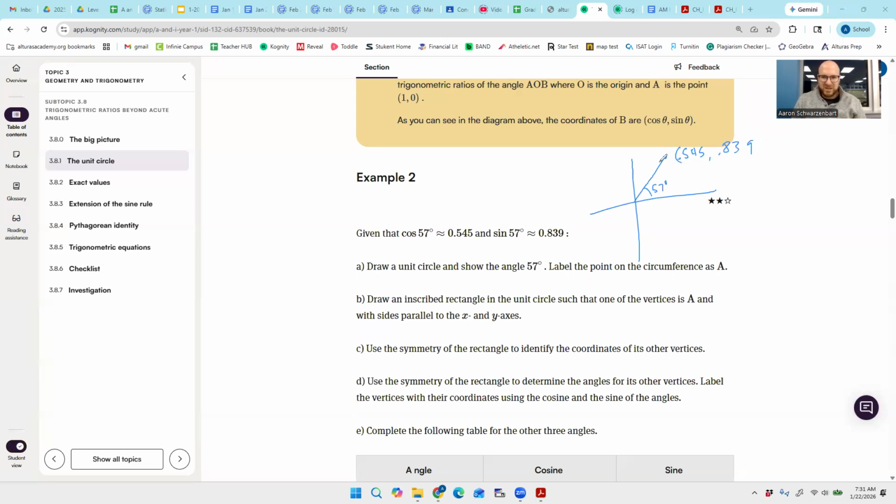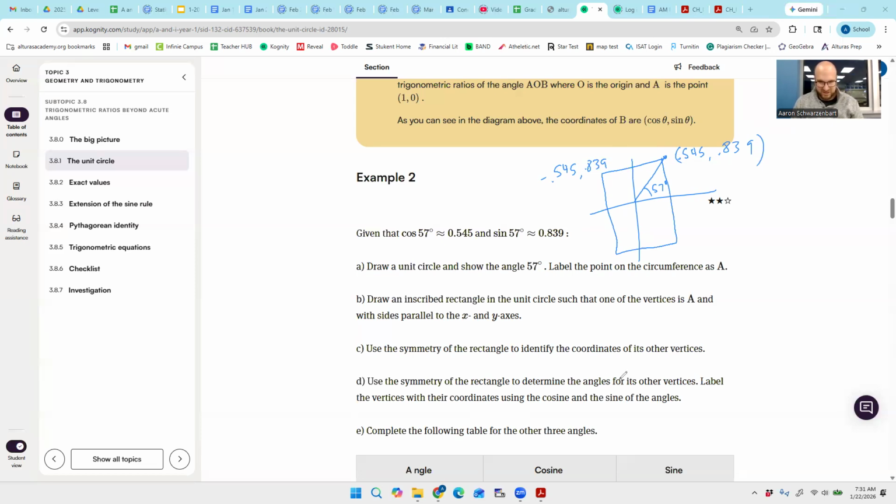Draw an inscribed rectangle in the unit circle. The vertices are then over here, negative 0.545, 0.839. Use the symmetry.